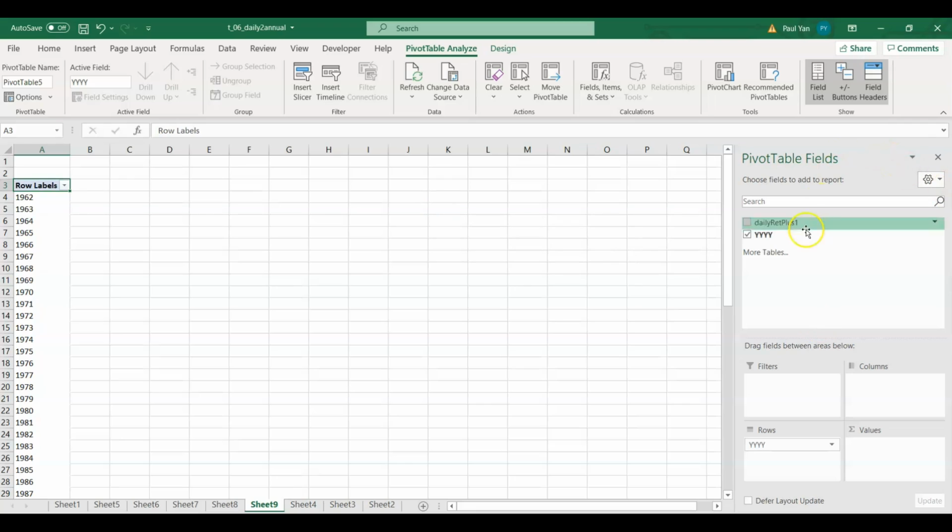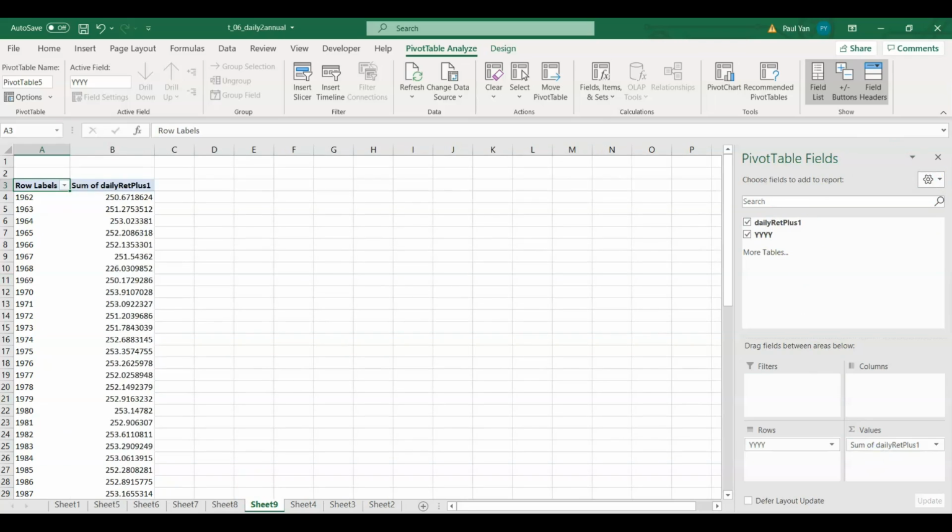So we put daily return plus 1 here. If you look at the title, it's sum of daily return. So this is not correct. We should use product.